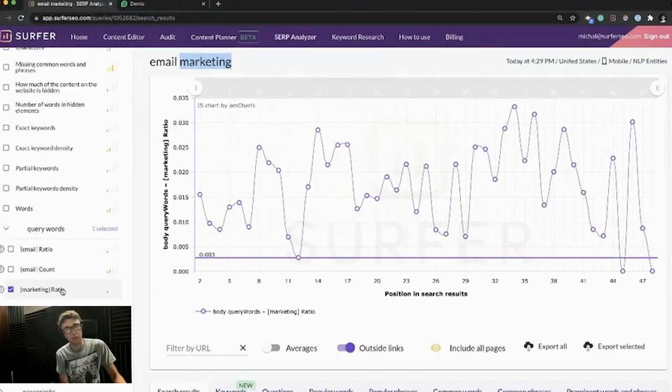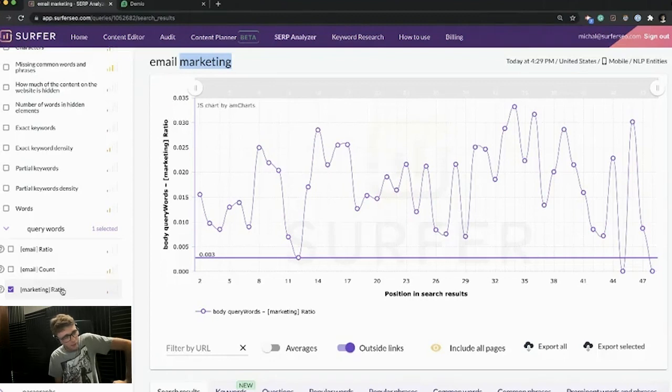So not only are we missing exacts, we are missing the marketing keyword as well. So the goal would be to probably add marketing to places where we already have the email term to make the exact keywords count higher, if it makes sense, of course. We won't use marketing in places where it just doesn't belong, okay?